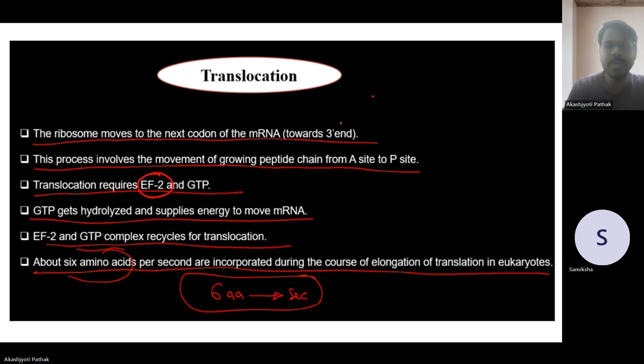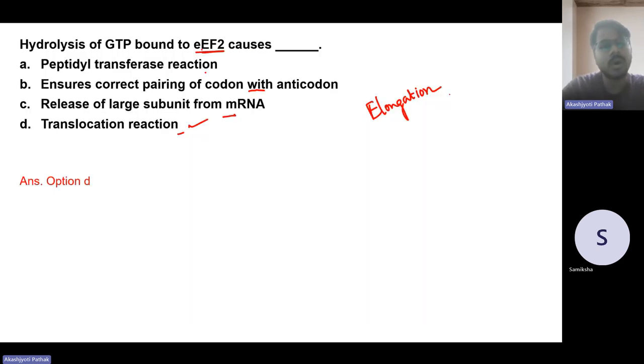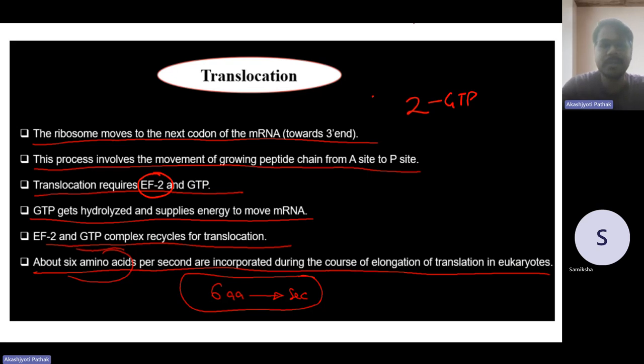Always remember that factor 2 will always remain associated with GTP. For all the 2s that we saw today, in prokaryotes also, initiation factor 2 was attached to GTP. In eukaryotes, initiation factor 2 was attached to GTP. And now elongation factor EF2 also remains bound to GTP. When this GTP gets hydrolyzed, it supplies the energy to move the mRNA. Actually the ribosome does not move, the mRNA moves.